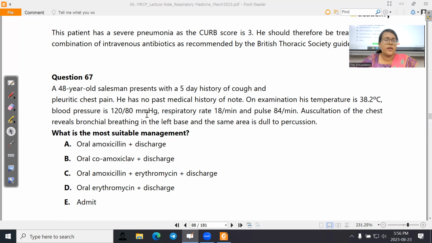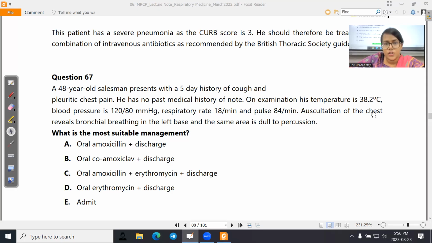Okay. Actually, the stem is not saying anything regarding atypical pneumonia, okay? And the patient is just having a very normal presentation. Here you can see the body temperature is high. This is not a low-grade fever, okay? Blood pressure normal, respiratory rate is normal, pulse is within normal, so CURB score is 0.